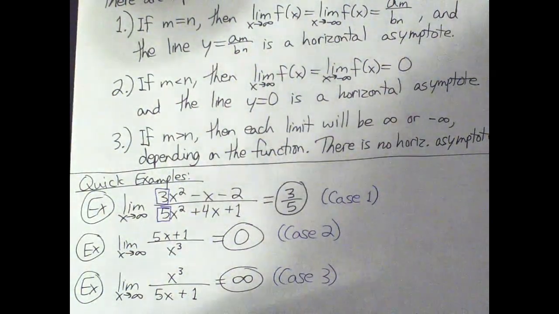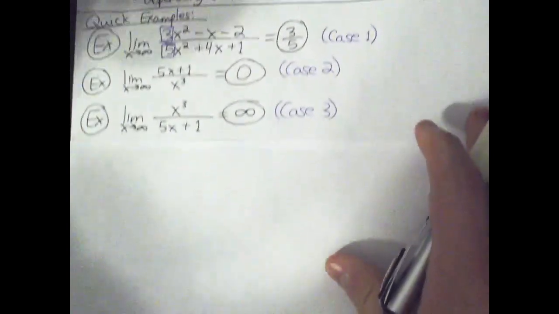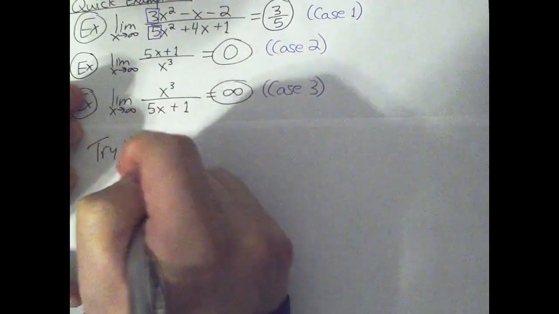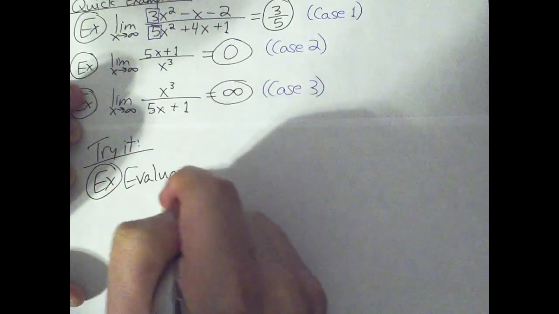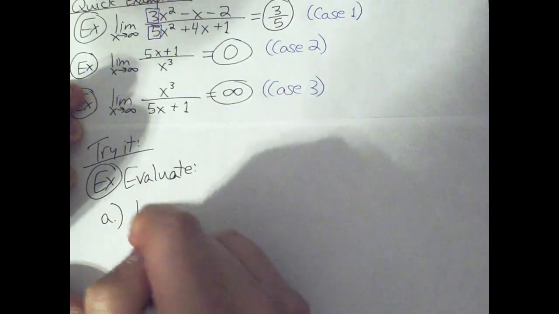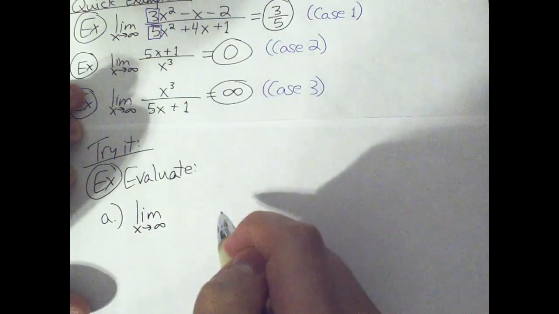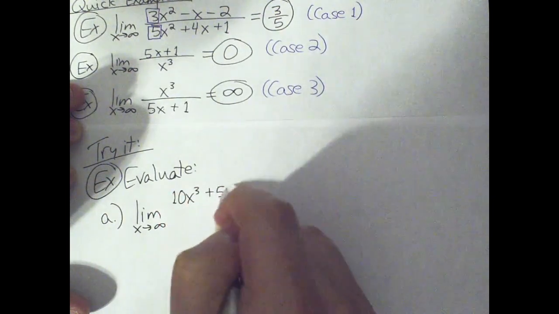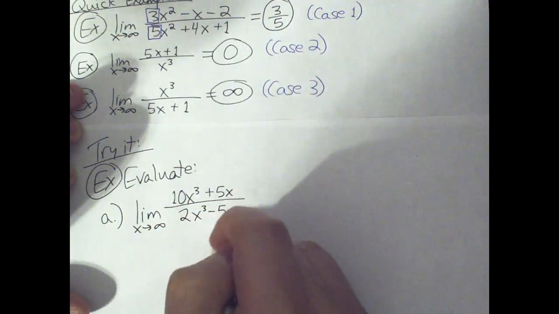Let me give you a couple of these to try. They're pretty fast. So I'm going to ask you to evaluate, and I'm going to write 3 of these, so you could wait till I write all 3 of them, and I'm going to ask you to try all 3. Part A: limit as x goes to infinity of 10x cubed plus 5x over 2x cubed minus 5x squared.